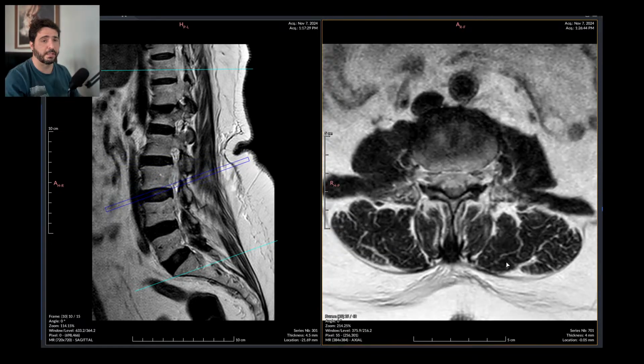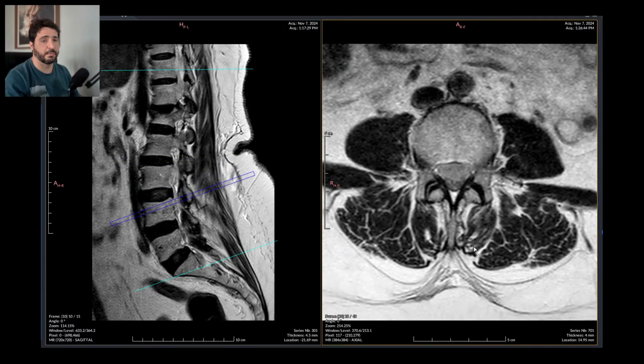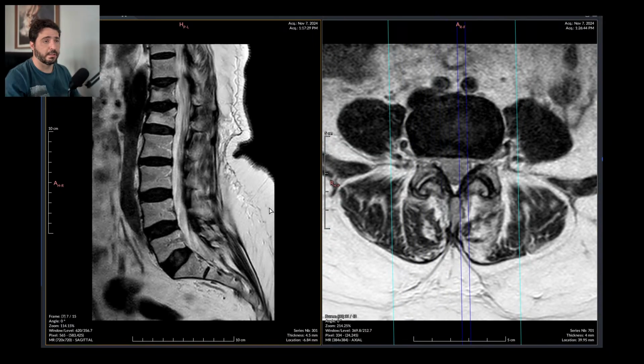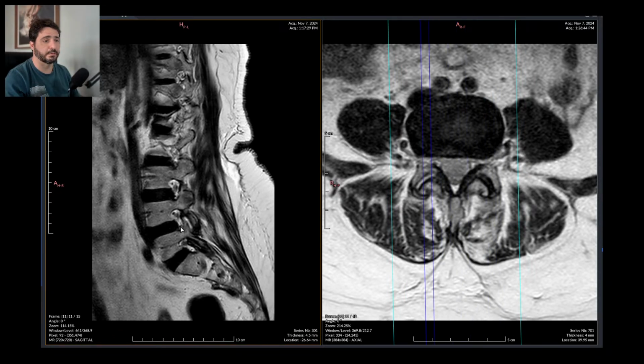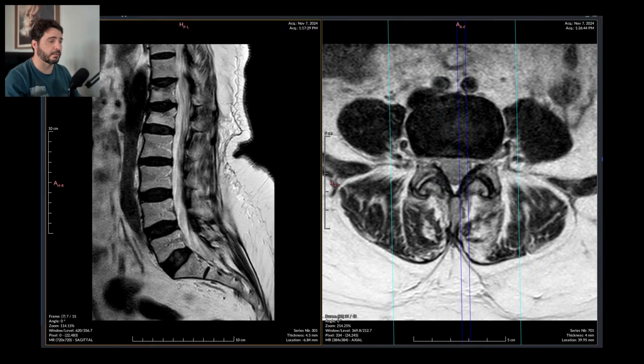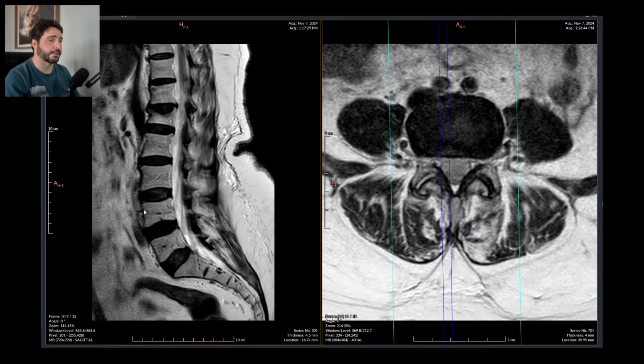So there is synovitis, thickening of yellow ligaments. Is there stenosis of the neural foramina? No stenosis, definitely not. But there are fractures. Protrusions? No.